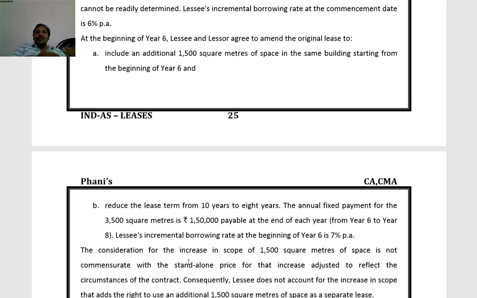If both the conditions are fulfilled, that is increase in scope and commensurate consideration, it has to be treated as a separate lease just by following initial measurement principles.